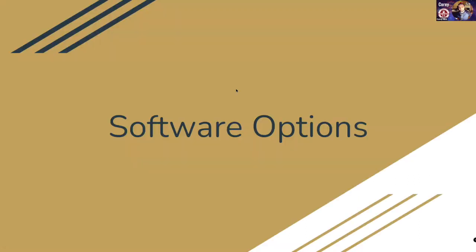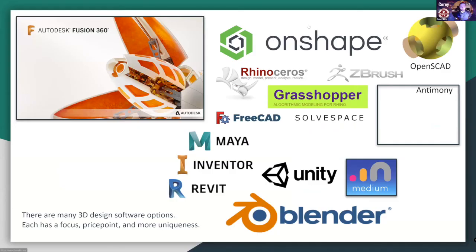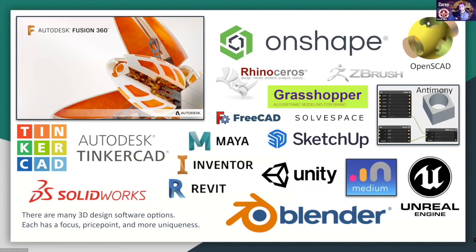But first up, let's talk about all the software options, because there are a ton of them for 3D modeling, and it's a hard landscape to make sense of. This is the crazy slide of all the different programs I could think of that have you 3D modeling. And so some of them are really big, like corporate entities. A couple of them are made by a single person.